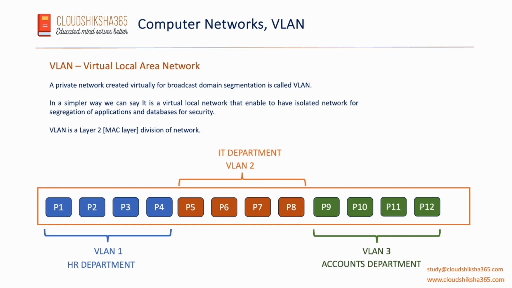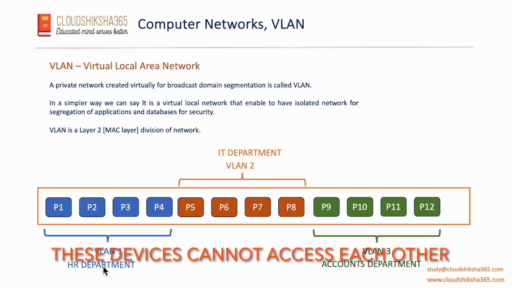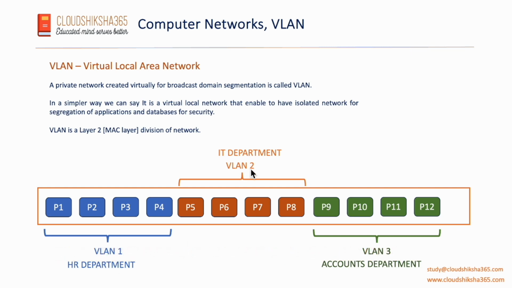So now we have physically one switch. What we have done is a kind of separation, where these four ports are for VLAN 1, dedicated to the HR department, another four ports for the IT department, and another four ports for the accounts department. So now they are logically separated.